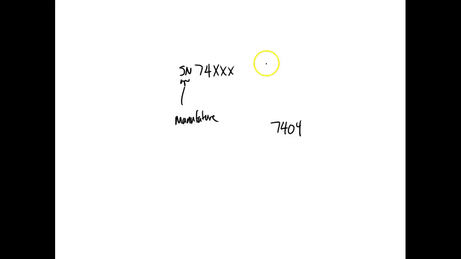So they said, okay, we'll call this a 74L04. So we end up with these designators in the center of the number that give us the speed and the power characteristics of the chip.